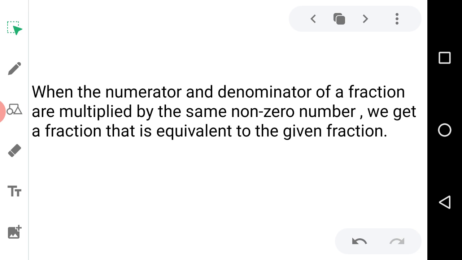So here I take a fraction 15 upon 40. If I divide 15 by 3, I will get 5 in the numerator. If I divide 40 by 3, it leaves a remainder. 40 is not divisible by 3.